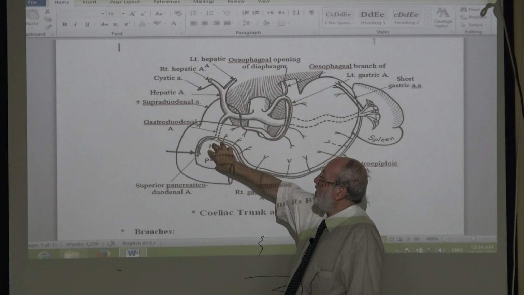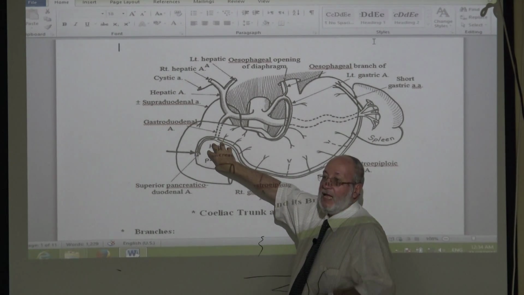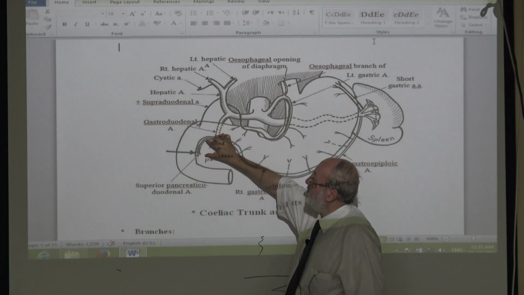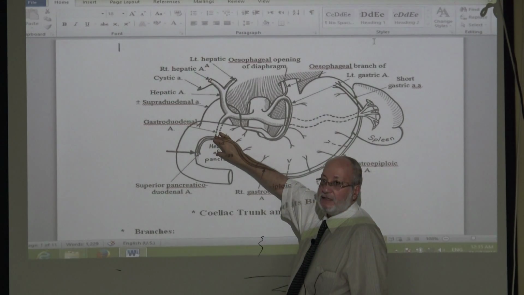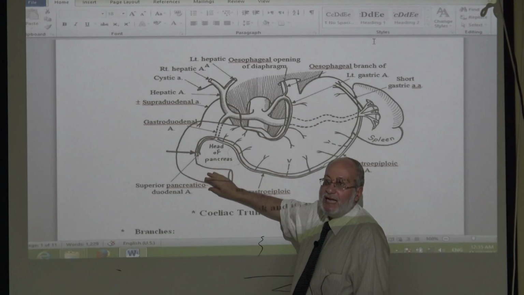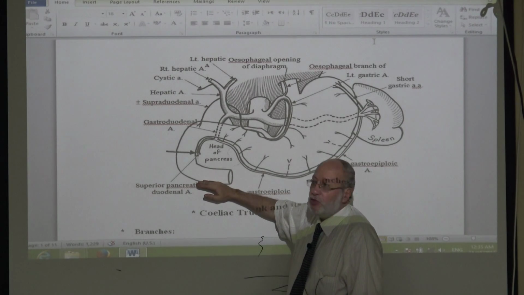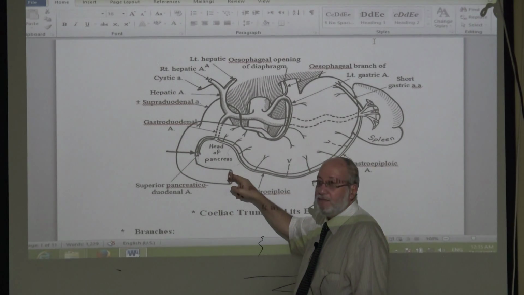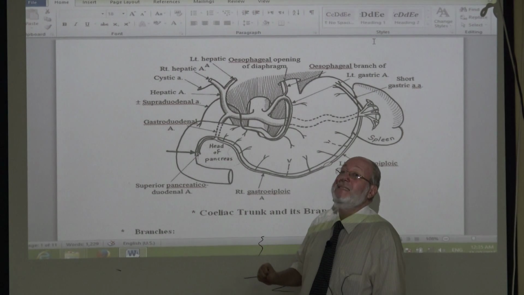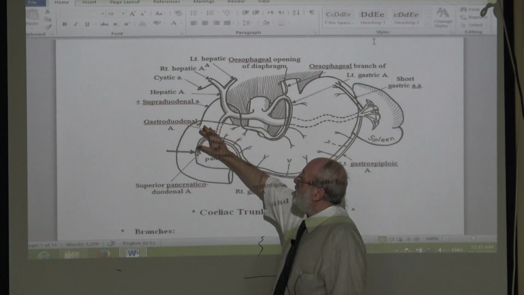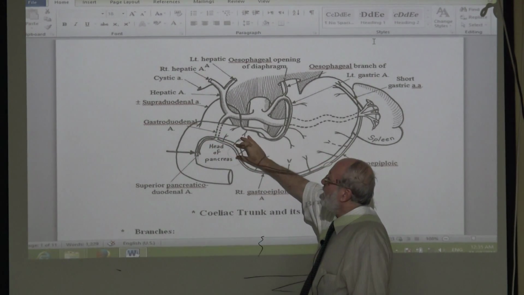And what is the structure lying here? The upper half of the head of the pancreas, because the lower half of the head of the pancreas belongs to the lower part of the duodenum and midgut. We supply the upper half of the duodenum and the upper half of the head of the pancreas.